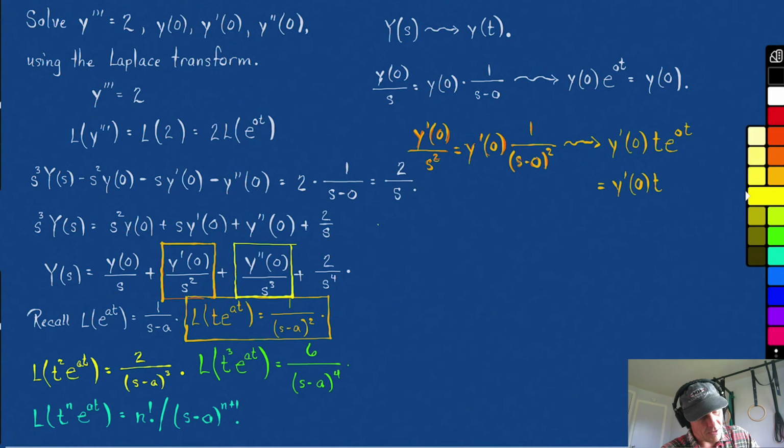So now I have y double prime of 0 over s squared. Well, before it becomes obvious, we have to do a little work here. Again, we have a constant y double prime of 0. Now, right now it's written as 1 over s minus 0 squared.